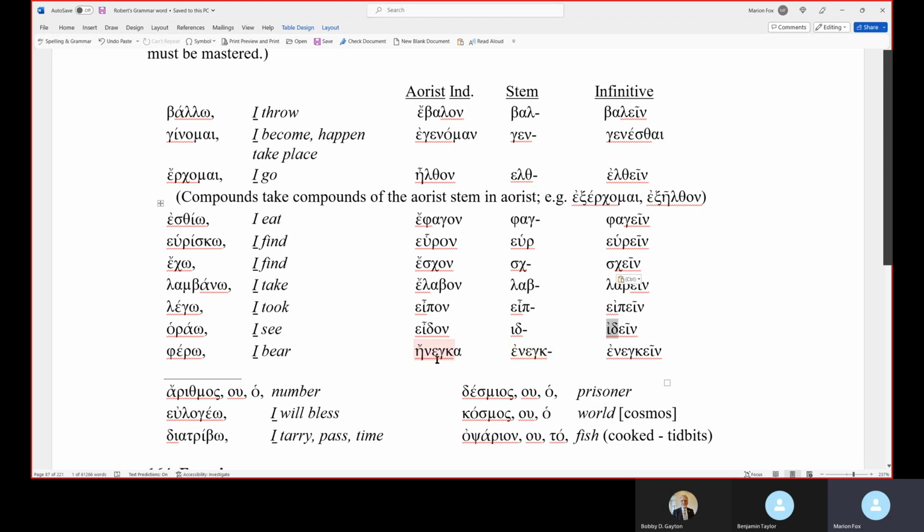And so we have that, and alpha is your ending for it. All right. And now there's your stem, and you can see how you make your infinitive. Any questions?